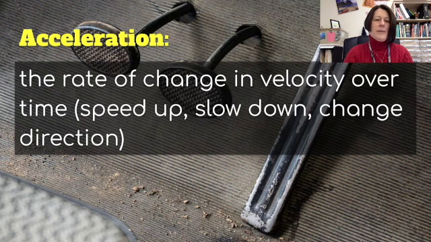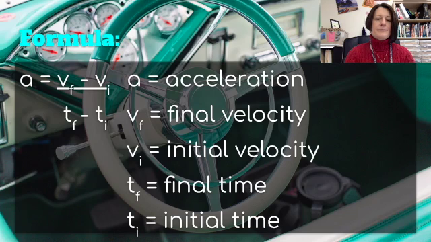Another quantity we talk about with motion is acceleration. This is the rate of change in velocity over time. So this is when three things will happen: speed up, slow down, or change direction. These are all types of acceleration. There's a formula for acceleration, and this looks pretty complex, but it's actually relatively simple.